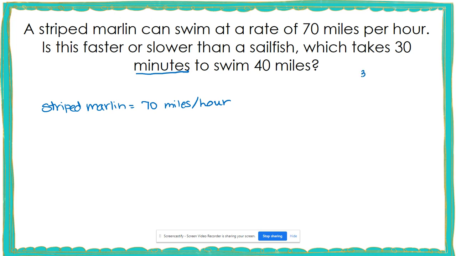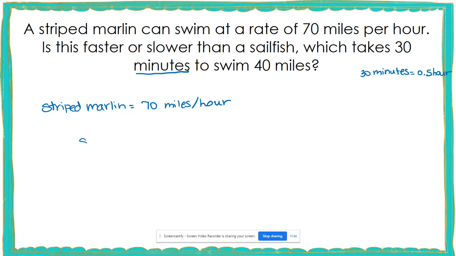I know that if I have 30 minutes, there are 60 minutes in 1 hour. So 30 minutes is the same as 30 divided by 60, or 0.5. So 30 minutes is the same as 0.5 of an hour.